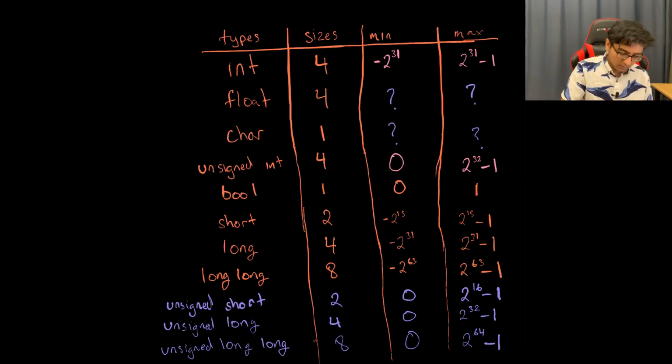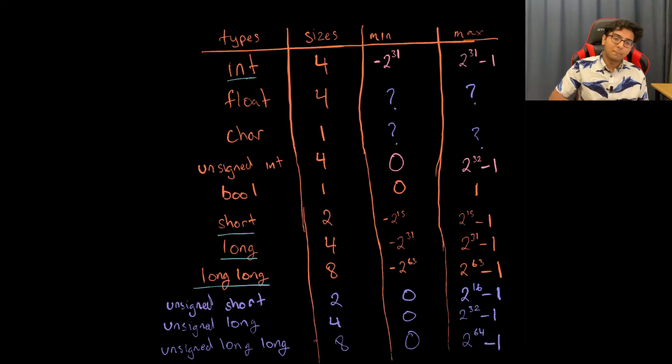Now you might have noticed here that I'm allowed to add the word unsigned in front of the short type, the long type, and the long long type along with the integer type. So while I have a base type that is int, short, long, I'm additionally allowed to potentially add unsigned in front of it to expand my maximum range while I give up the minimum range.